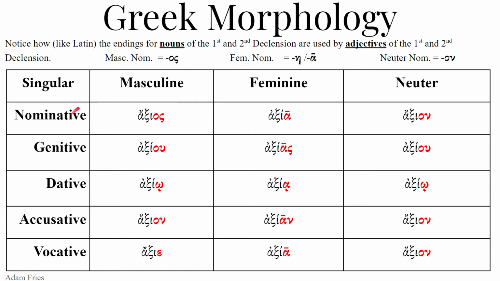So starting with the nominative masculine, we'll use second declension masculine, first declension feminine, second declension neuter endings. And here we go. Watch the accent. The accent wants to be here on the antepenult, making it properispomenon.